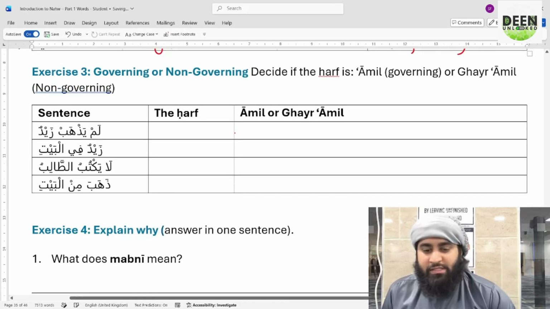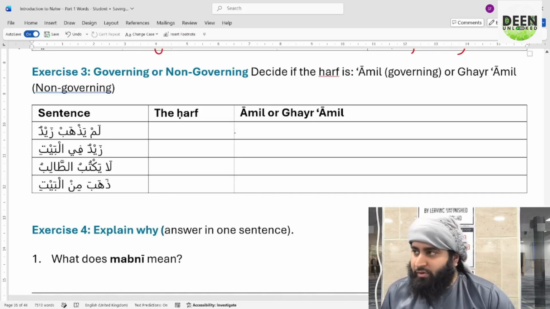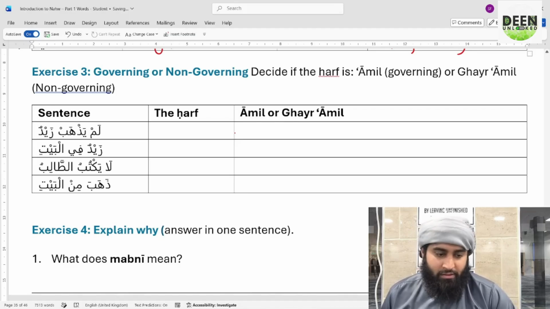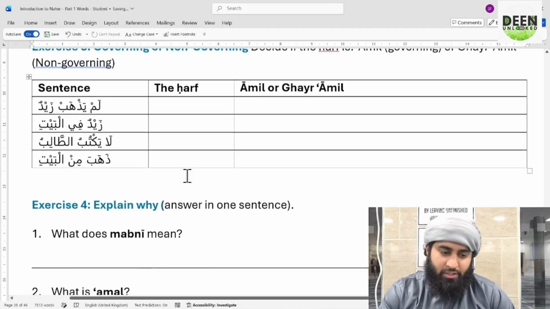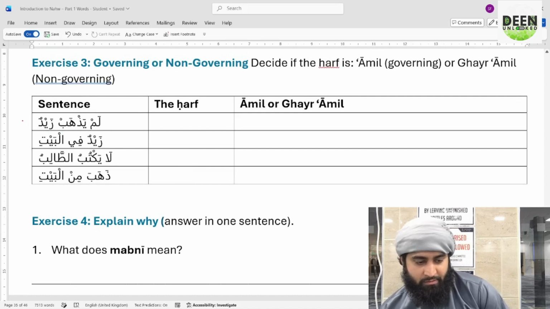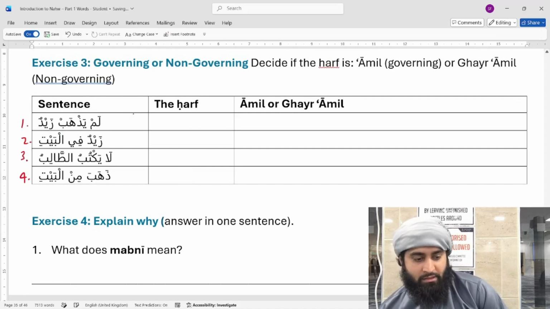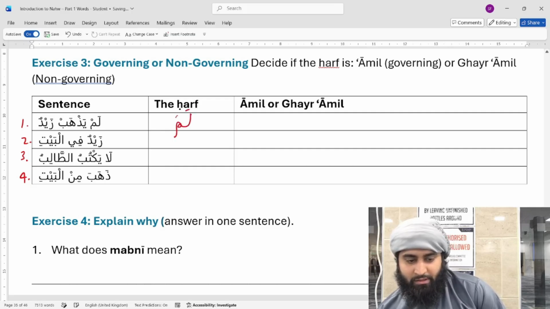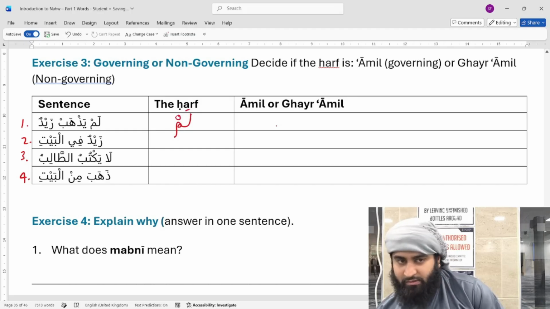Decide if the harf is amila or ghayr amila. Okay, so what's the harf here? Write down, please. Write down quickly. Take some time. So lam, is it amil or ghayr amil? Does it affect or does it not affect? It's a factor. Yeah, it does. What's happened?